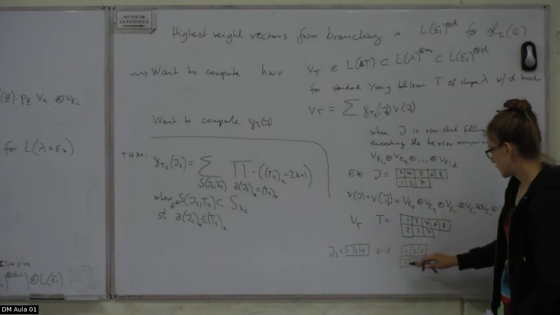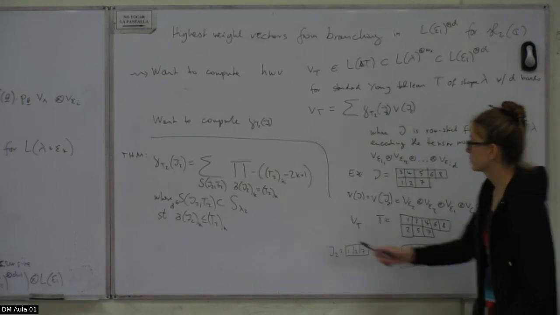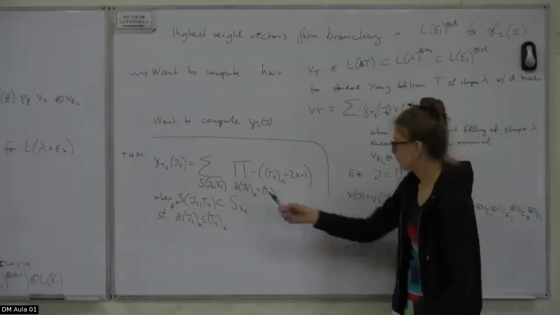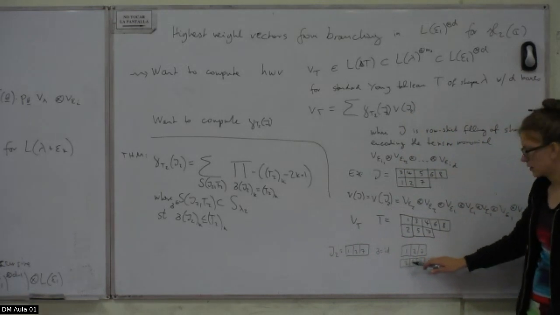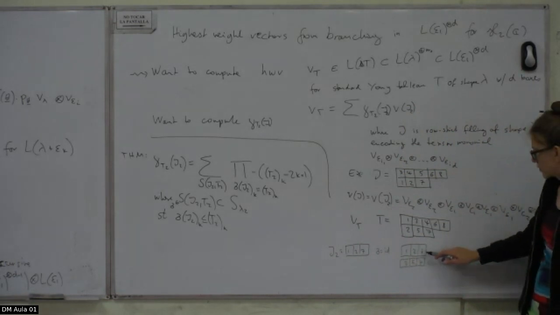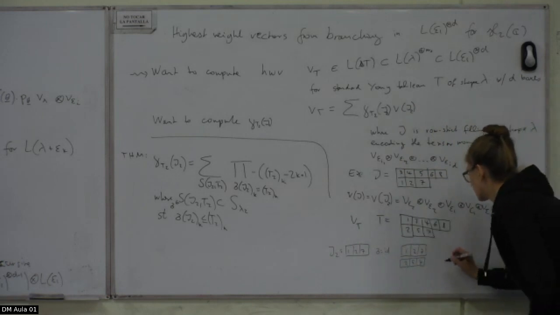So let me read off what I get for this particular permutation. Well, the product would be, so this is strictly less, I don't get a factor. This is also strictly less, I don't get a factor, but this is equal. So for this k, I get a factor.